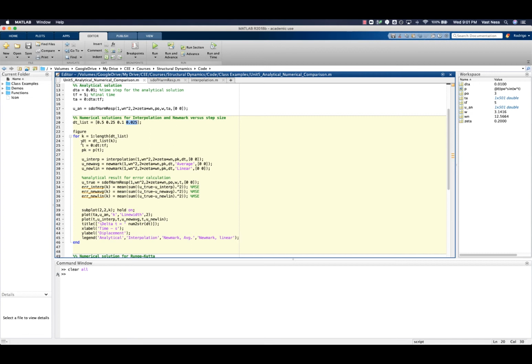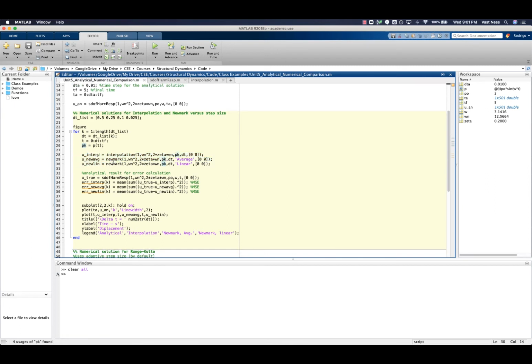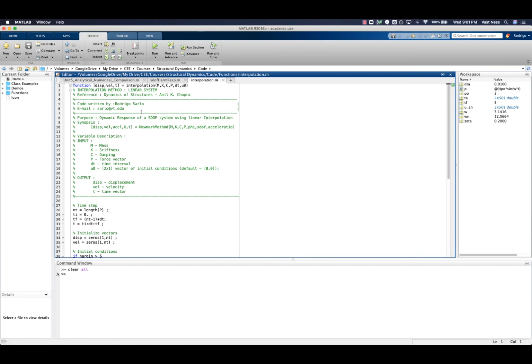Now let's take a look into this loop. I'm going to first draw my time interval from the list, generate a time vector, call that forcing function so that I have an actual vector for the loading function, and then I will run 3 numerical algorithms. First is the interpolation, for which I've also given you a program.